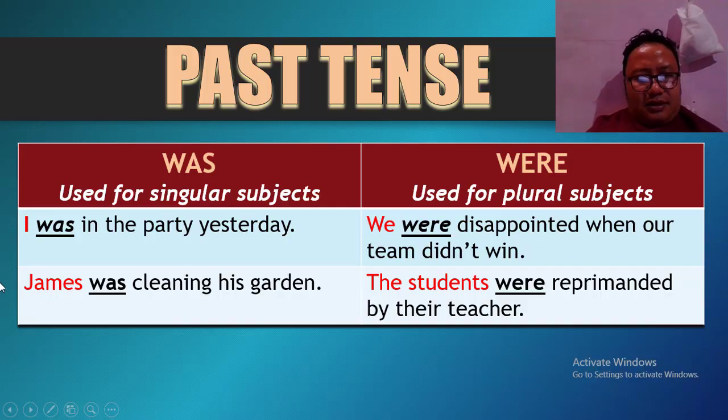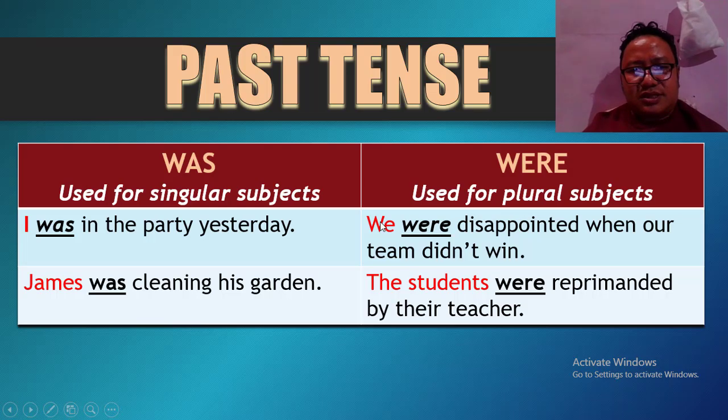You have to remember that. And were is used for plural subjects. So here the subject and the verb has to agree. We were disappointed when our team did not win. We is a subject and it's plural, so we are using were here.